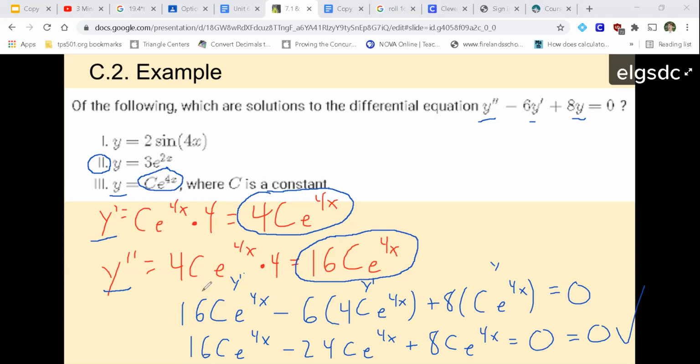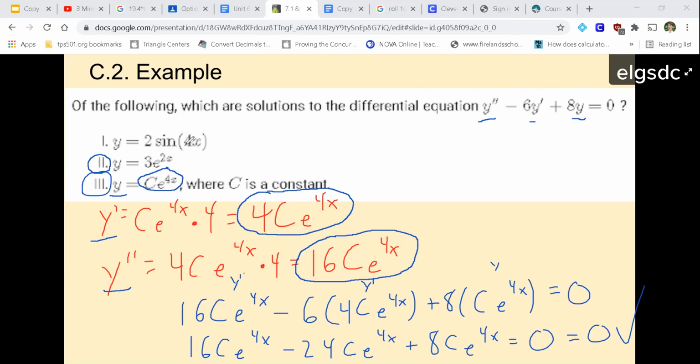So 2 and 3 are both solutions to this differential equation. This differential equation explains a relationship of how the function relates to its derivative and its second derivative. These two equations both have that same relationship to their derivative and second derivative.